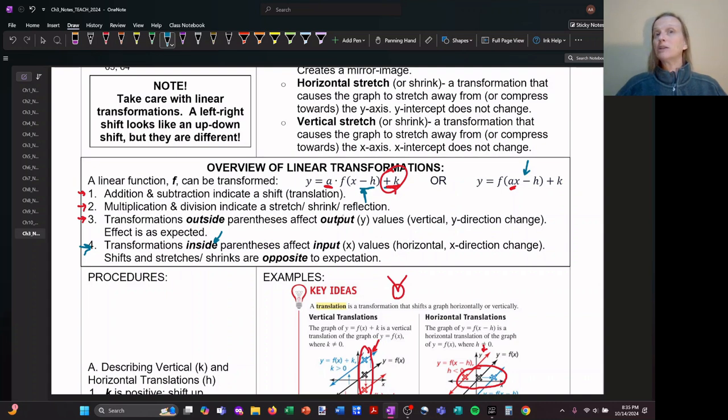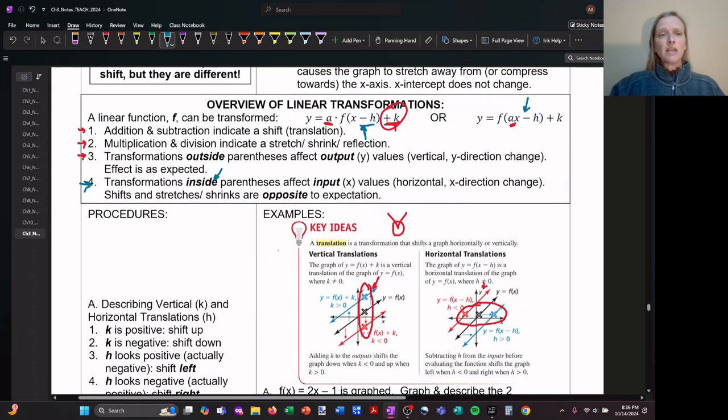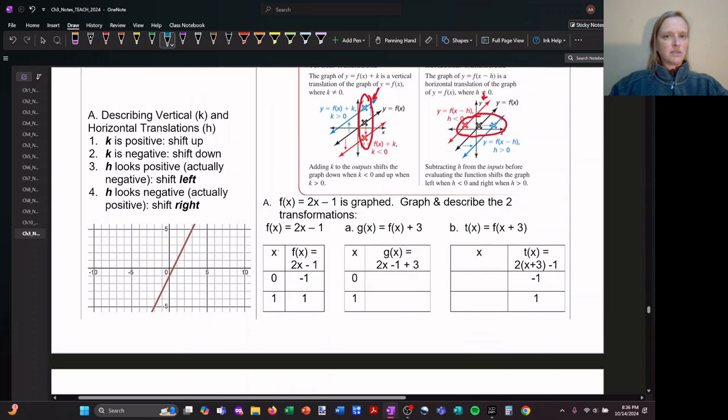If you see what looks like a positive number being added, it's actually a shift to the left. And so we'll look at examples like that in just a moment. This is kind of an overview so that you can have the summary in one spot. But let's look at examples to see what I mean by this.